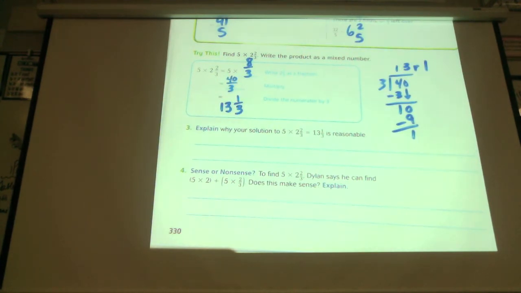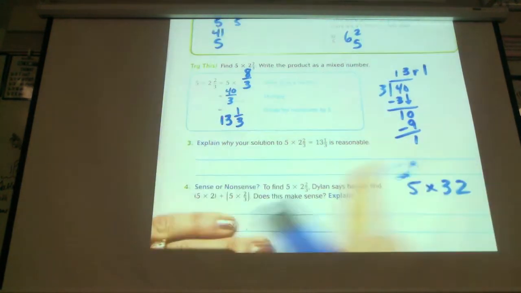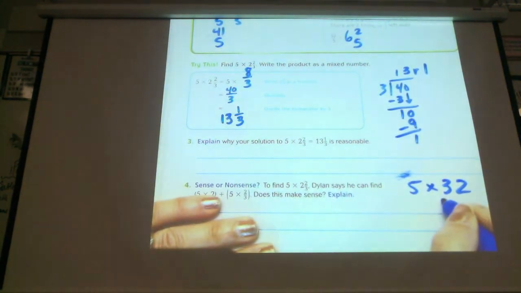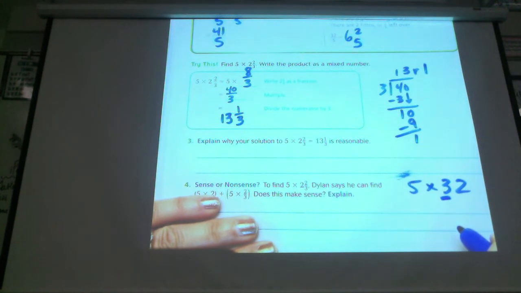Before we talk about it, I want you to consider when we multiply, if I'm multiplying 5 times 32, this represents what? 3 what? 3 tens. And this represents 2 ones.